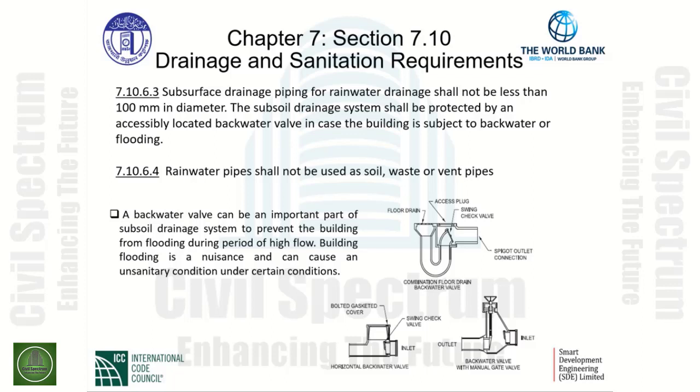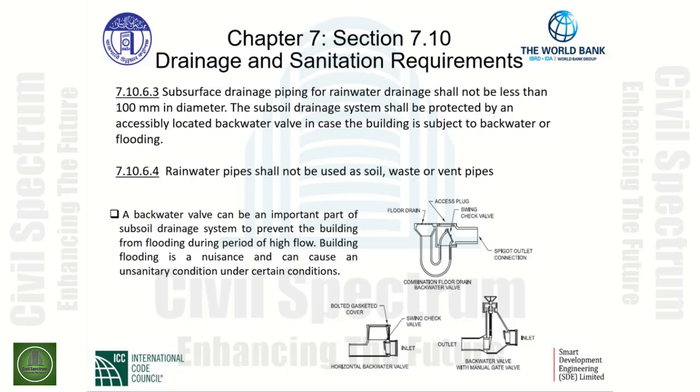The subsoil drainage system shall be protected by an accessibly located backwater valve in case the building is subject to backwater or flooding. 7.10.6.4 Rainwater pipes shall not be used as soil, waste, or vent pipes. A backwater valve can be an important part of a subsoil drainage system to prevent the building from flooding during a period of high flow.